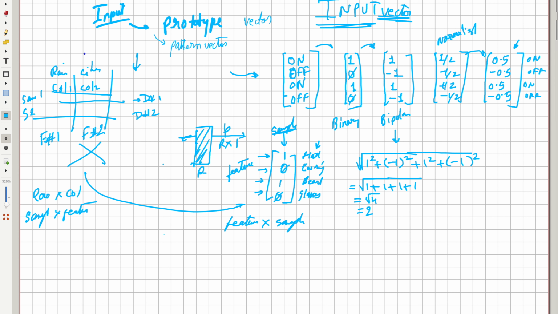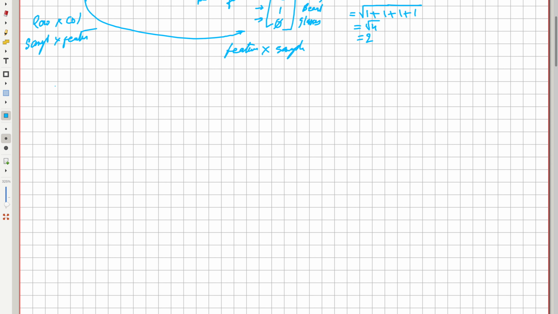In the context of Hebb's theory, we are going to look at a linear associator type of linear neural network, and with this we are going to think about a term called associative memory.